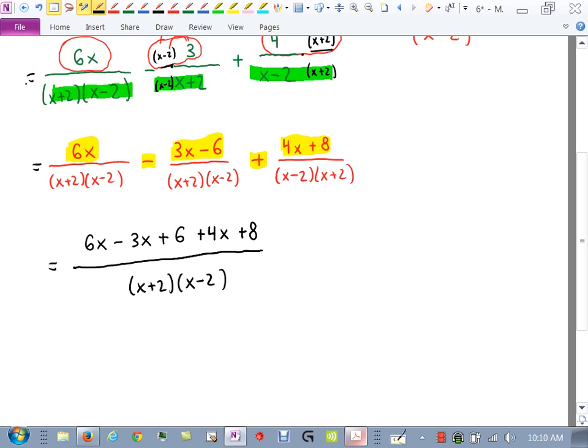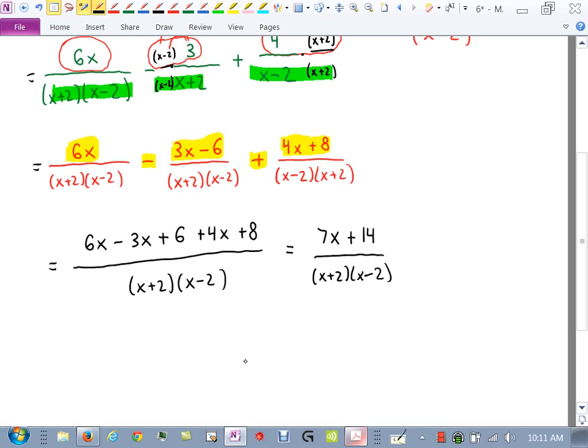Let's collect like terms. 7x plus 14 over x plus 2 times x minus 2. We done?